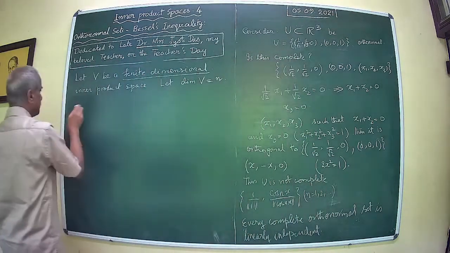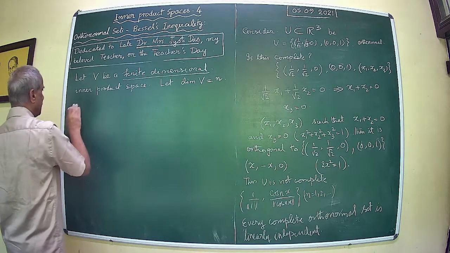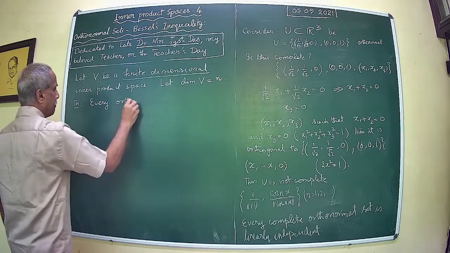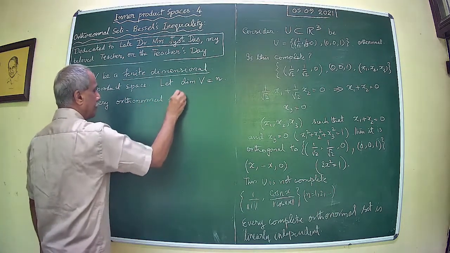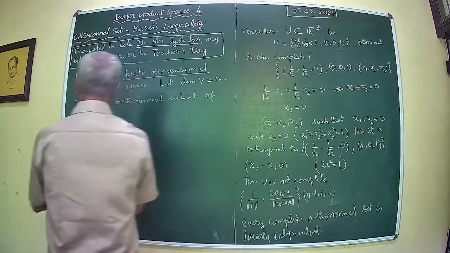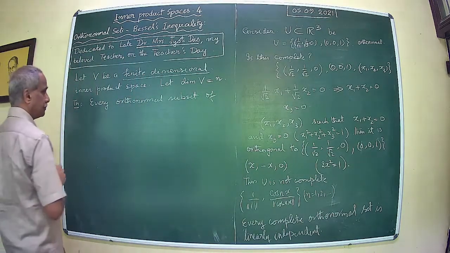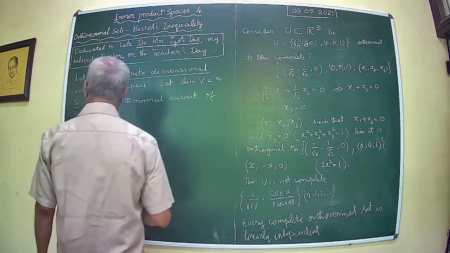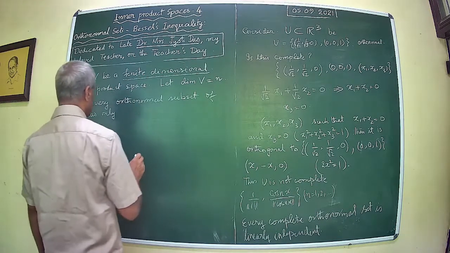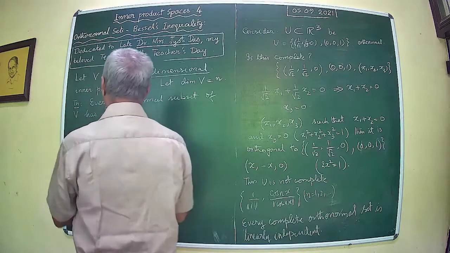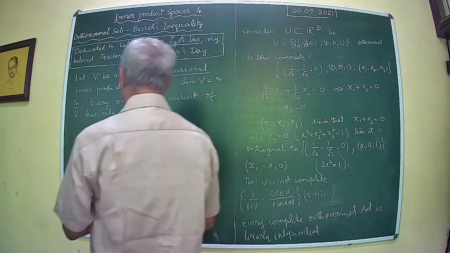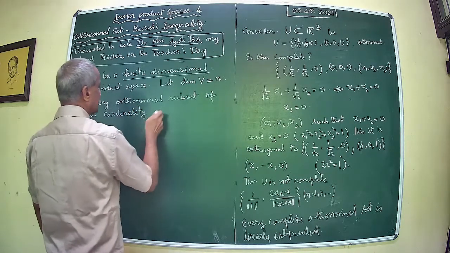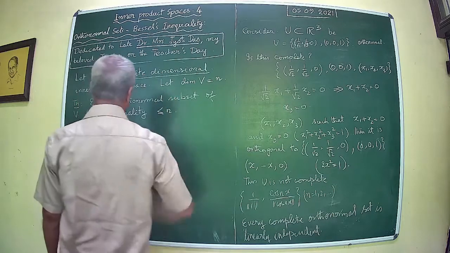What we can say is that every orthonormal subset of V has cardinality less than or equal to n.